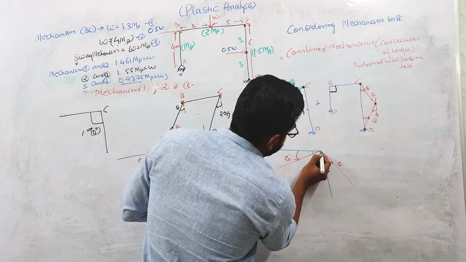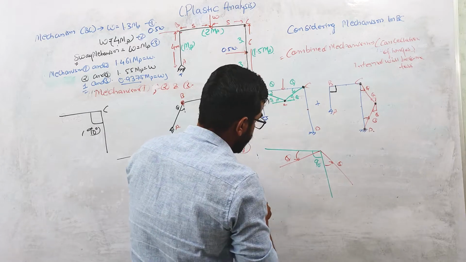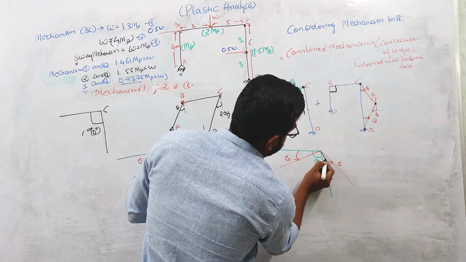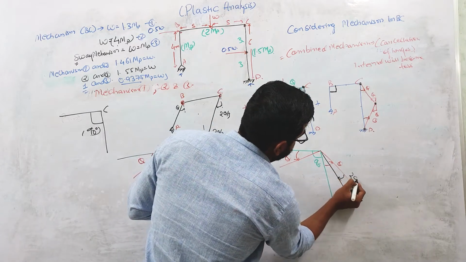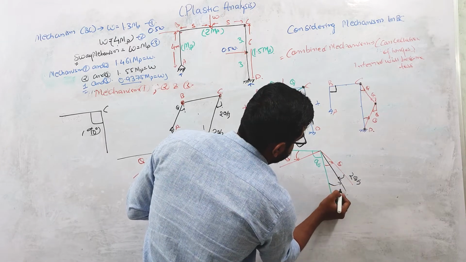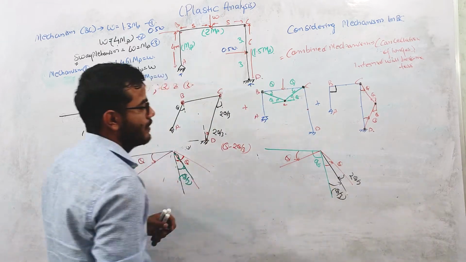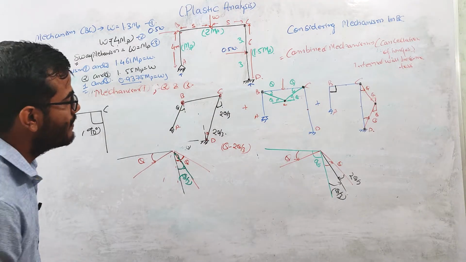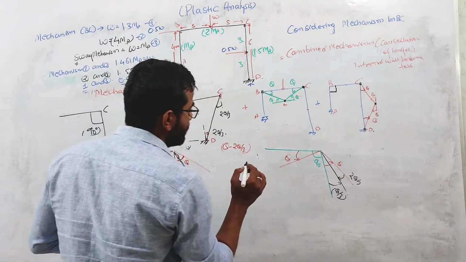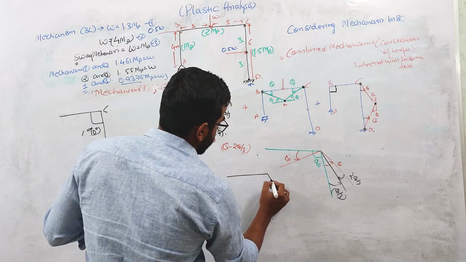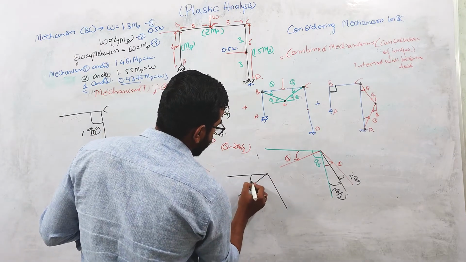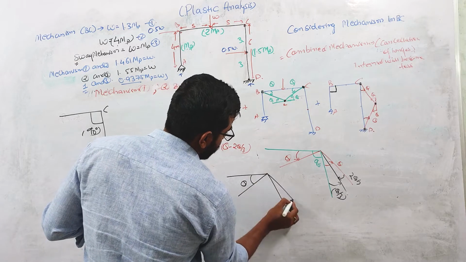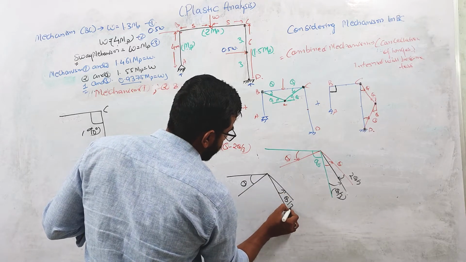So this angle is 2 theta by 3 and this angle is theta by 3, right? So what will our member rotation at C look like? Finally, this is theta, this is theta by 3.